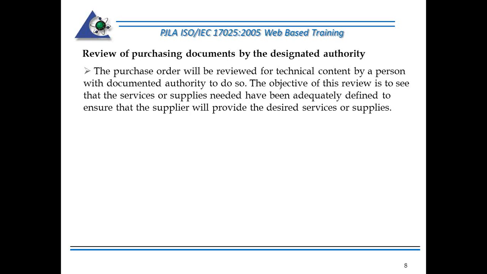It may be someone totally different, but it needs to be designated in your procedure who this person is. It is a mandatory required activity that once the purchase document has been prepared, it has to be examined and evaluated for technical content. The objective of this review is to see that the services or supplies needed have been adequately defined to ensure that the supplier will provide the desired services or supplies.